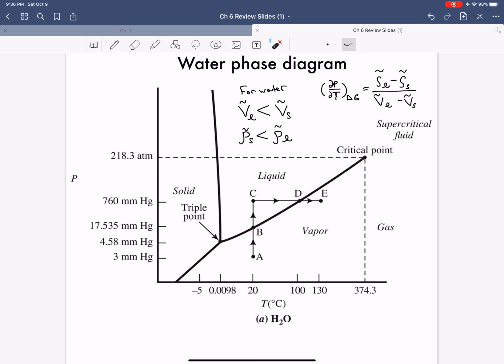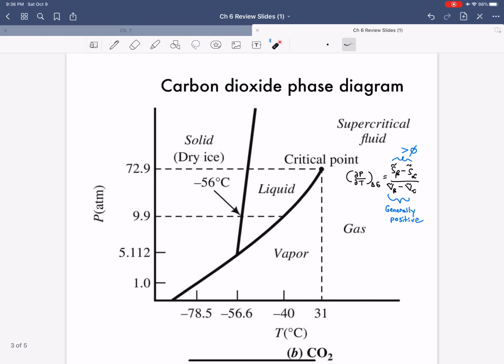And you also have to remember in these phase diagrams, a lot of times the y-axis and maybe even the x-axis are on crazy log scales or something like that. And so we see this for water, and we even see it for carbon dioxide as well, where the solid to liquid phase line is very steep, while the ones between solid and vapor or liquid and vapor are generally more flat.